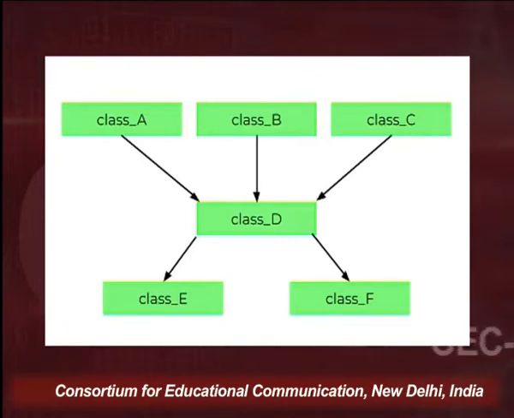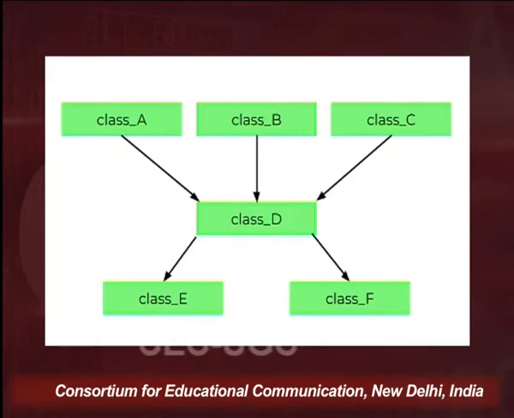If you look at only the above two levels, which is classes A, B, C and class D, class D, which is a single derived class, is inheriting three different base classes: class A, class B and class C. So this is multiple inheritance.